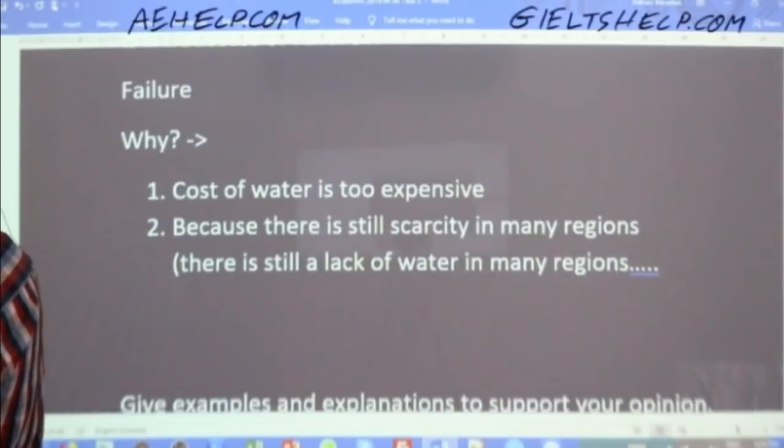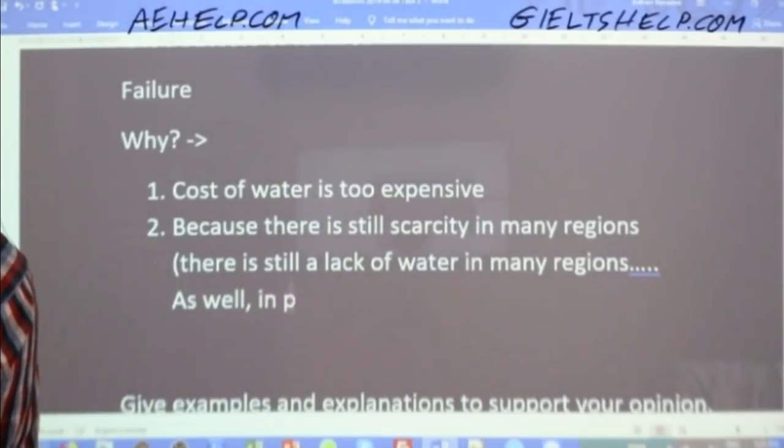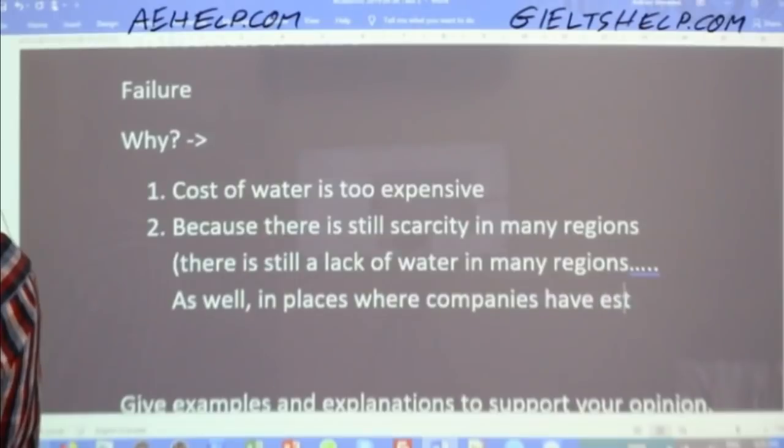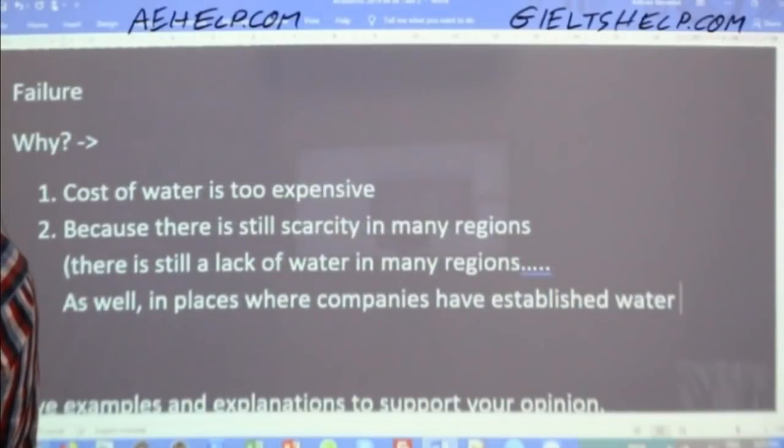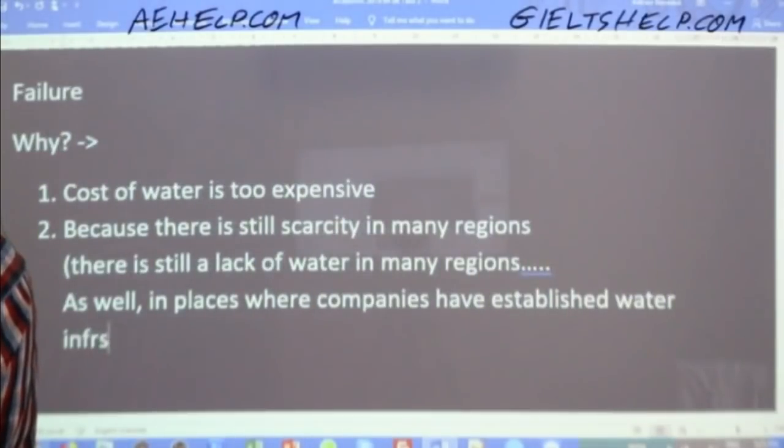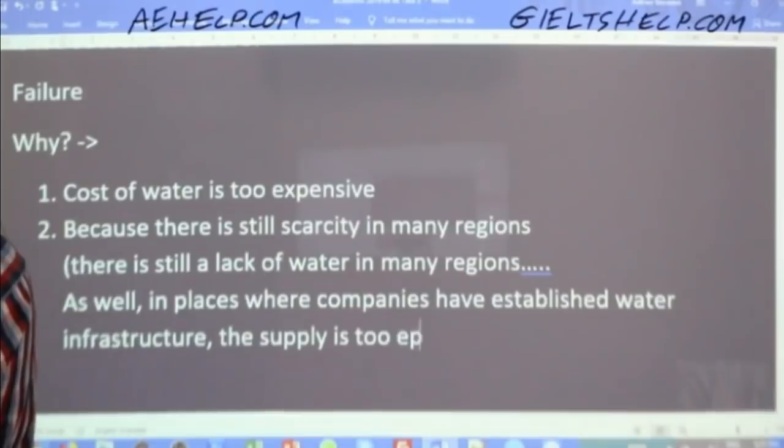And then I would go as well in places where companies have established water infrastructure, the supply is too expensive.